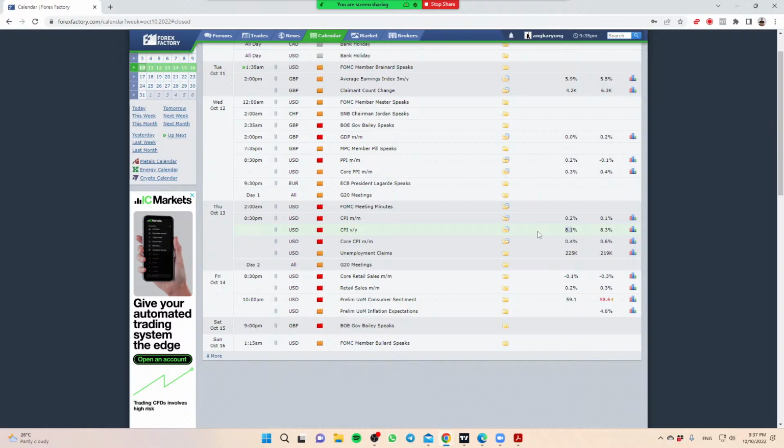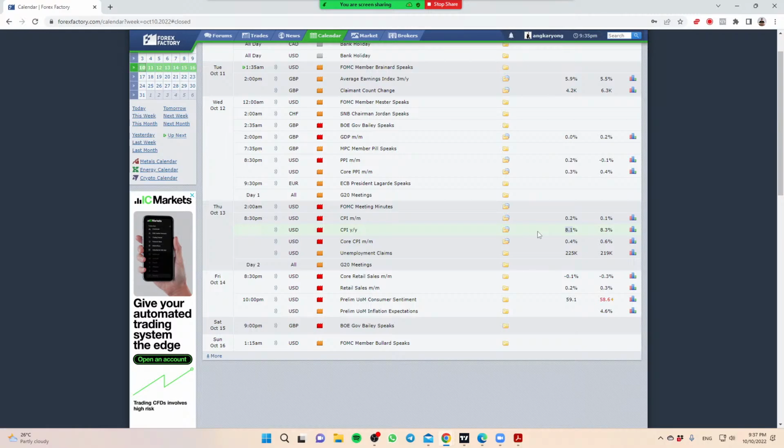If the data comes in less than 8.1, perhaps below 8, we might see the dollar sell off a little bit on the other side, right? Because then it means that the recent hikes have been effective in bringing inflation down, and the Fed need not be so aggressive in hiking in the future, and then traders might just sell off the dollar from there.